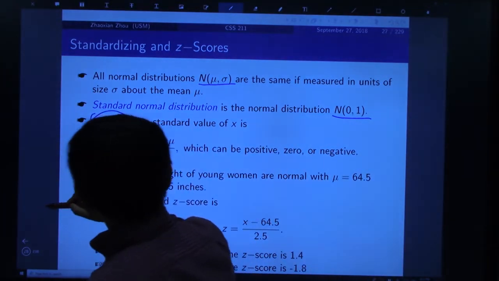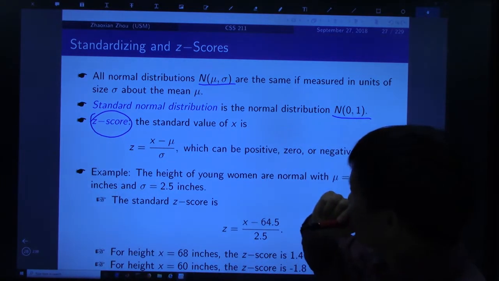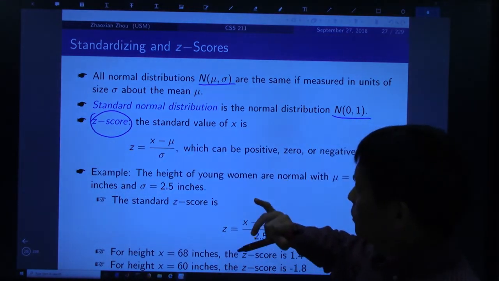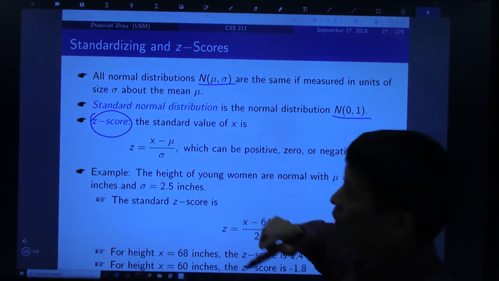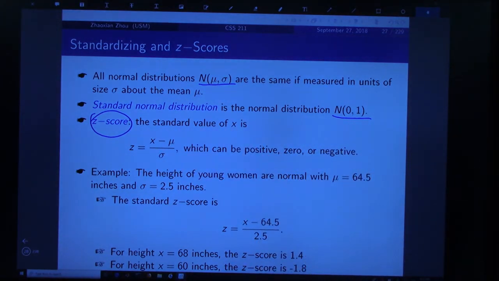The z-score is the standard value of x. This z-score corresponds to a specific x, the x of interest.